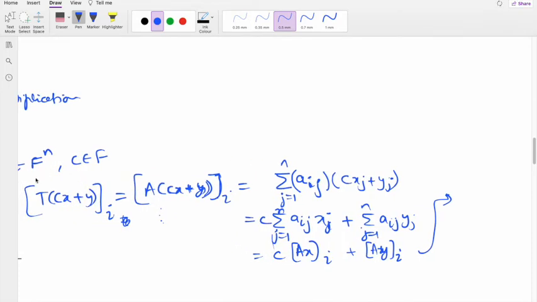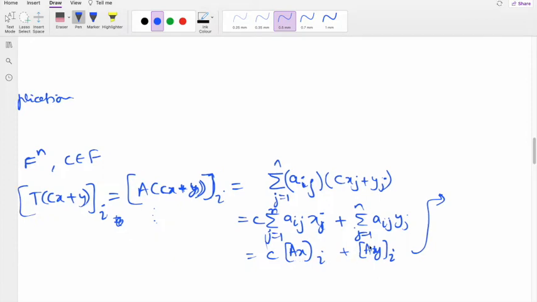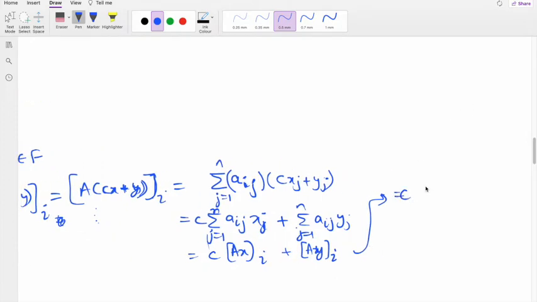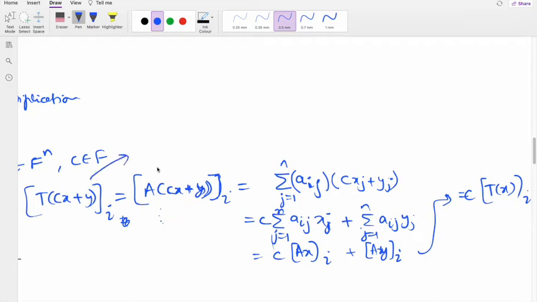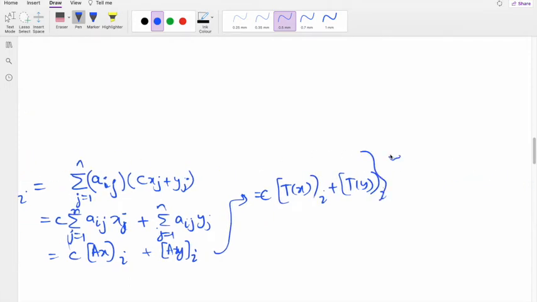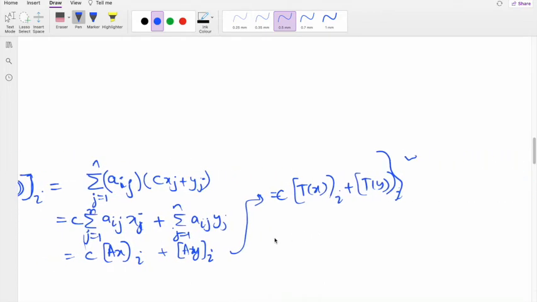So now each ith element of this resultant is basically c times the ith element of T(x) plus the ith element of T(y). So now I have a mapping from ith element to ith element. This is a vector, this is also a vector, and therefore I can now write that T(cx + y) is just c times T(x) plus T(y).